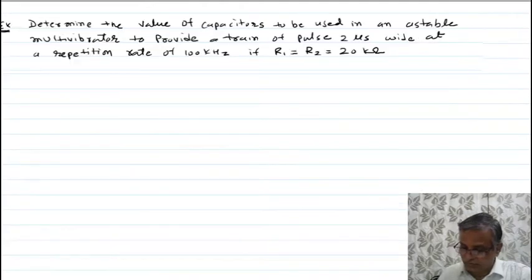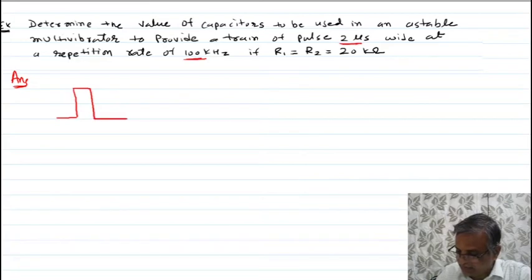Now look, you understand the question. You want a 2 microsecond pulse at a repetition rate of 100 kilohertz.